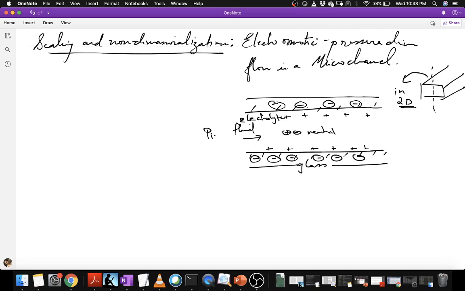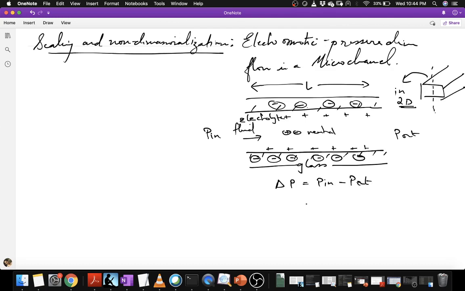So here I have P in, here I have P out, and we say delta P is P in minus P out, and this is the pressure difference that's driving a flow through a channel, let's say, which has length L. So this pressure can drive flow.